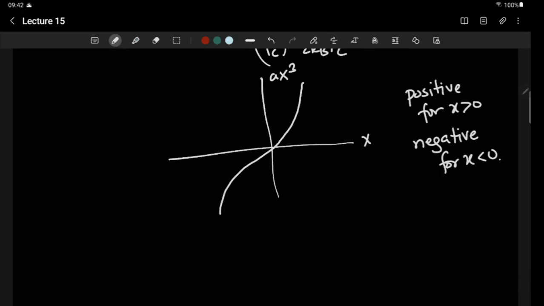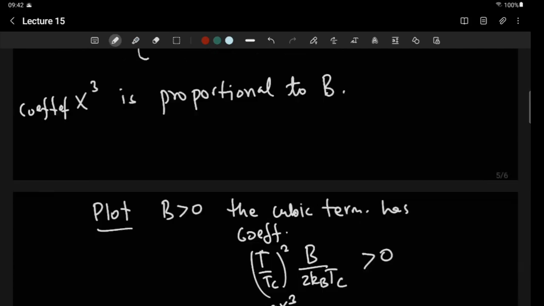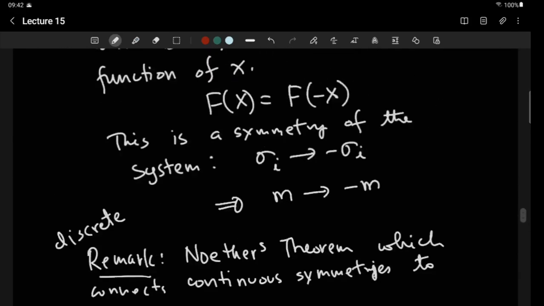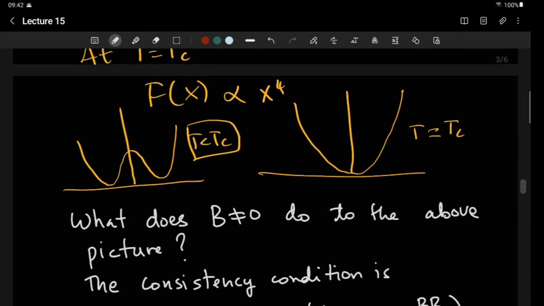Right? So now, instead of drawing all these things, let's go back to this picture here. We are at t less than tc, and these two are degenerate minima. What is happening is we're adding stuff here, which will push it up, and it will push something down on this side.